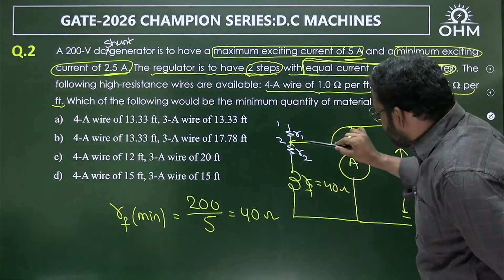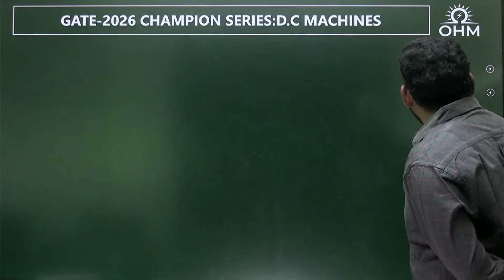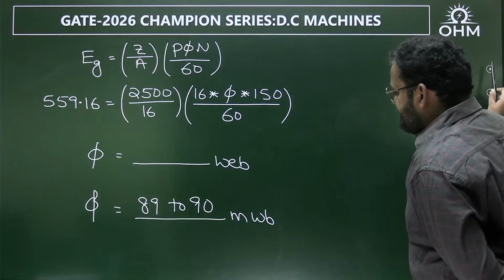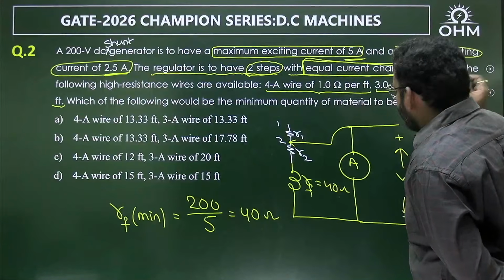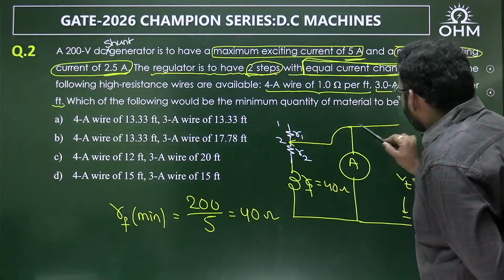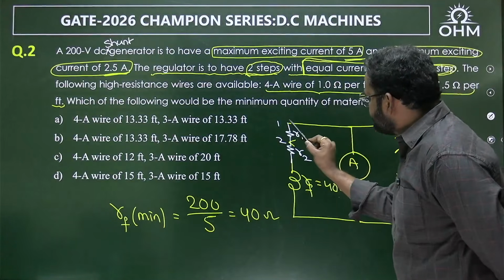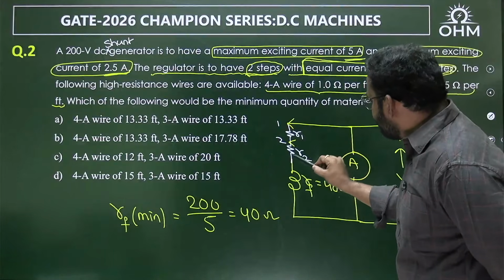So for example, if a regulator is at step number 1, how much current is flowing? Is it not 2.5 ampere current flowing?